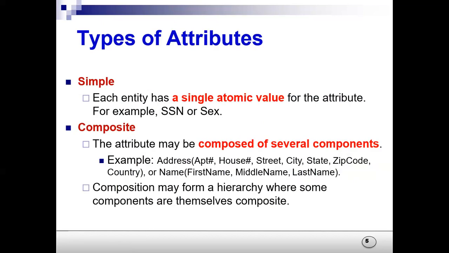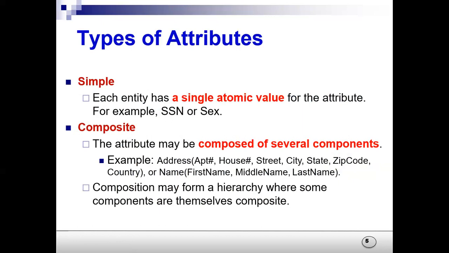Next, moving to types of attributes. First, simple or atomic attributes. What is a simple attribute? A simple attribute will have a single value for that particular attribute. Suppose for a student, your roll number, what value will it contain? Only a single value, right?